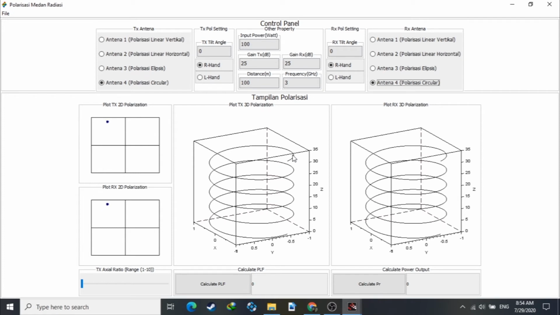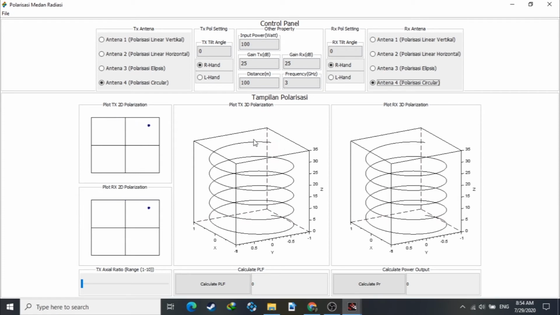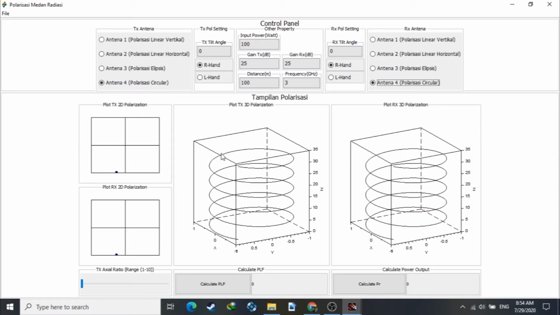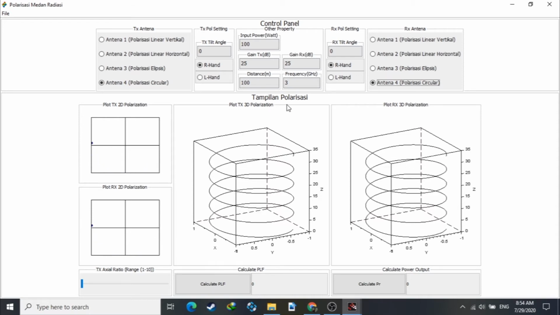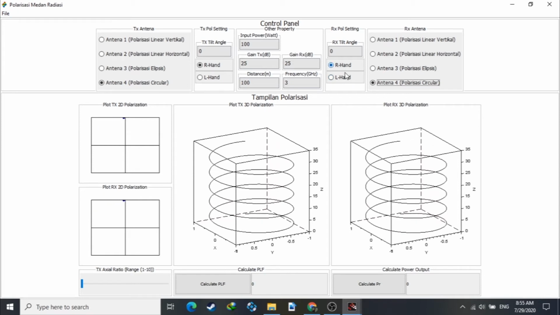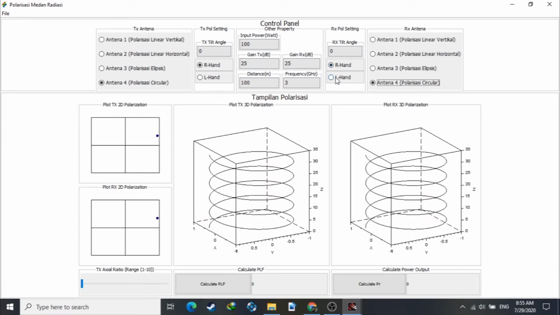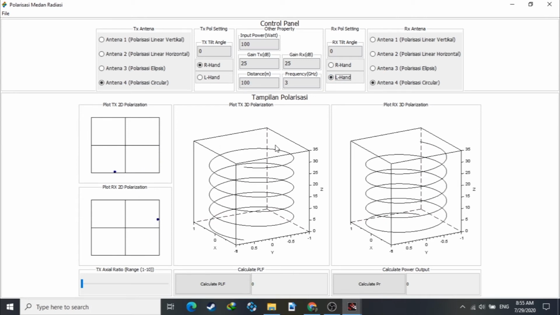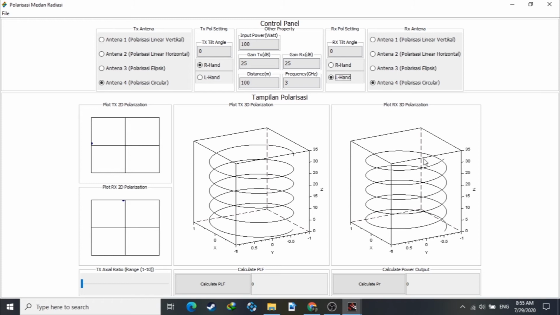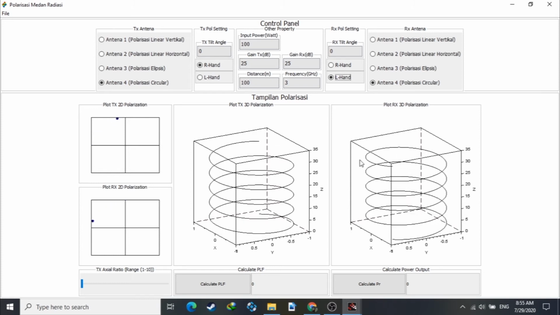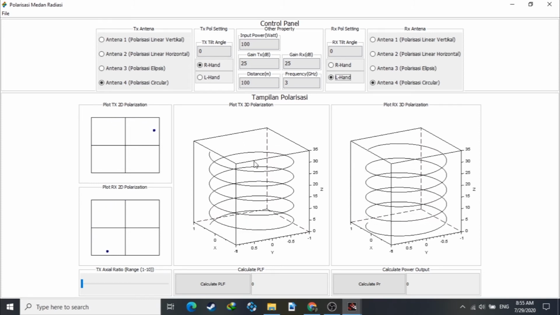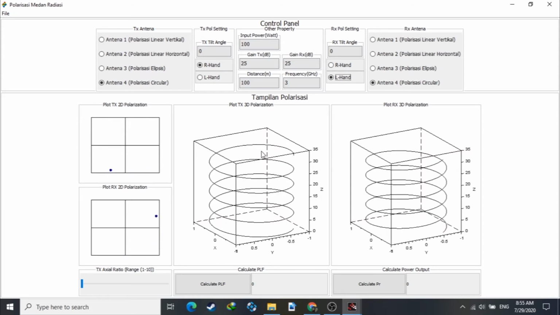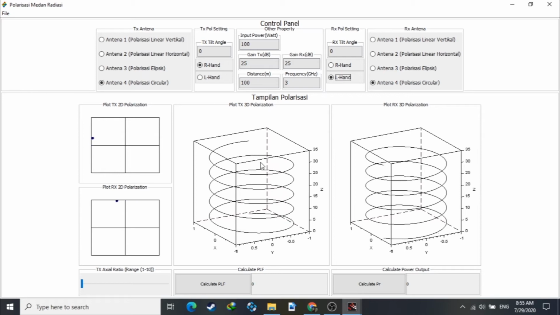If you look from the front of this electromagnetic wave, it moves clockwise, as you can see, or we call it right hand. So what if we change it into the left hand? As you can see, the movement of the right hand and the left hand is reversed from the right hand of circular polarization.